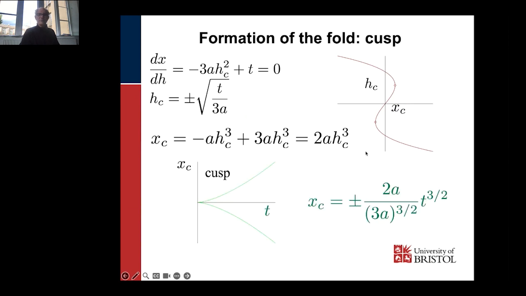So indeed, the formation of such a turning over of the profile, simply making the assumptions that all the deformations are smooth, is described by a universal structure, which is a cusp. So xc, the position of the fold, as a function of t, of the parameter of deformation, is automatically like t to the 3/2.